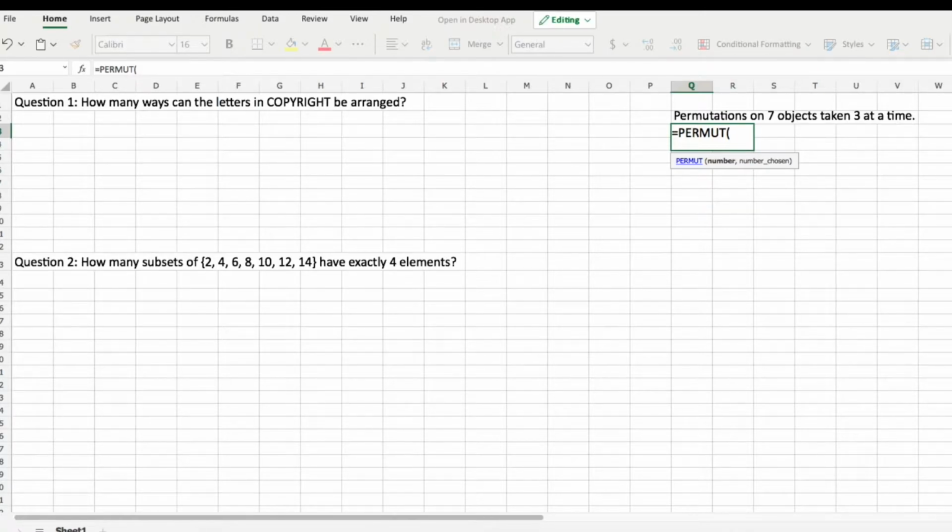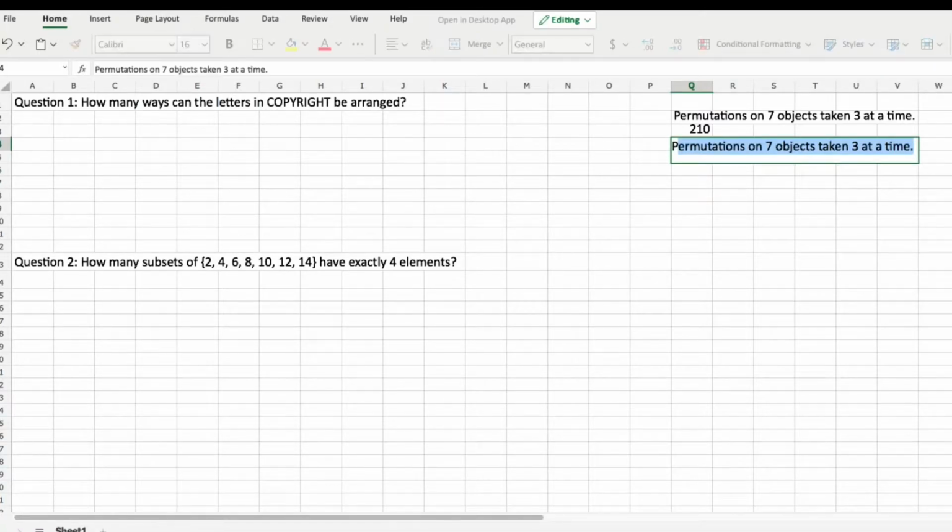And then inside parentheses, you'll put first the number of total distinct objects, in this case 7, and then the number you're taking, which is 3. Then you close your parentheses, hit enter, and you get 210. So that's the number of permutations on 7 objects taken 3 at a time.